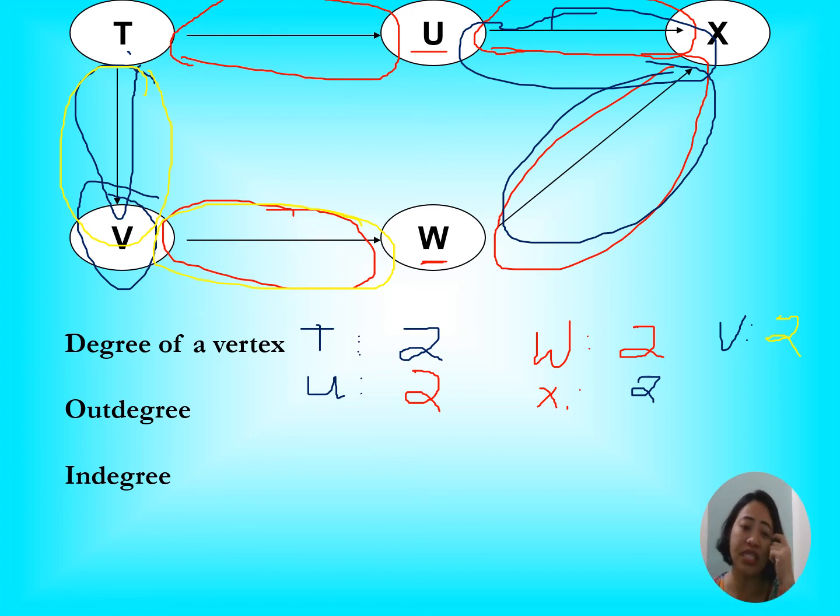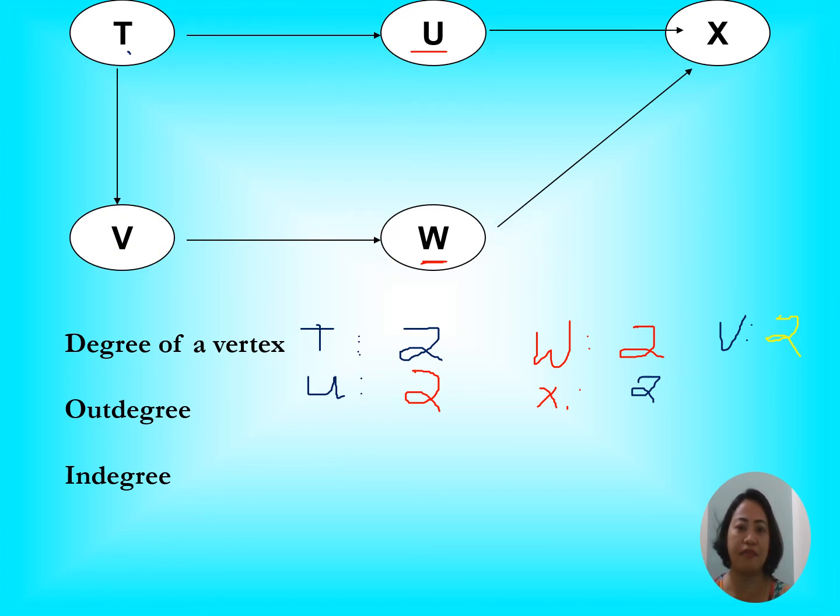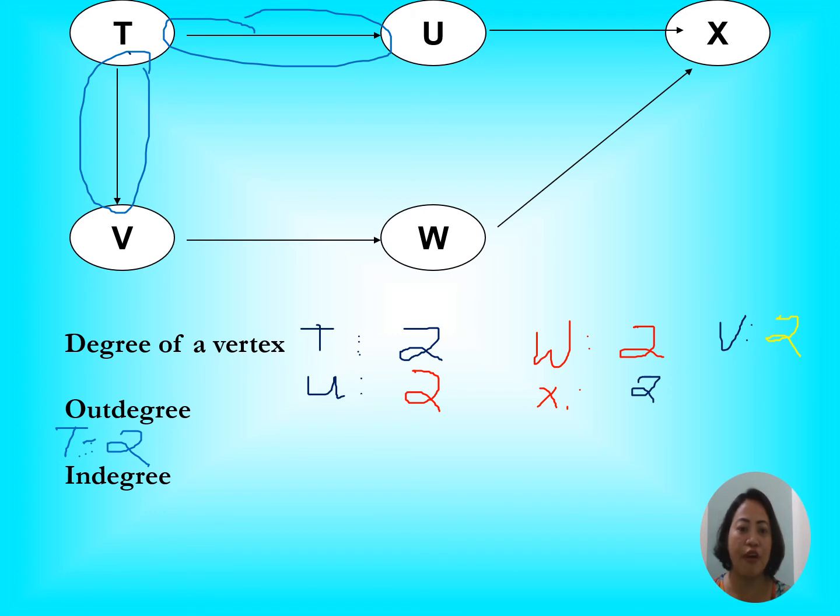But when we say out degree, that is the number of edges leaving that vertex. So let's say out degree of vertex T. How many? We have 2. Out degree of U, how many? Very good, it has only 1.